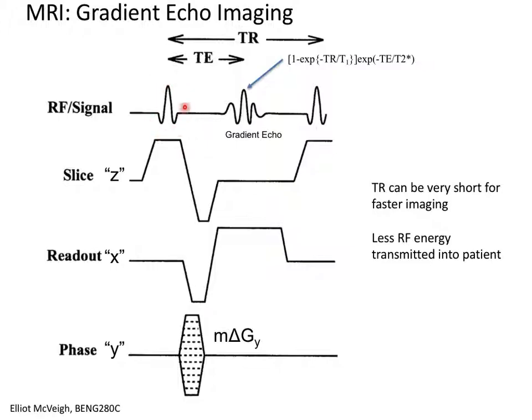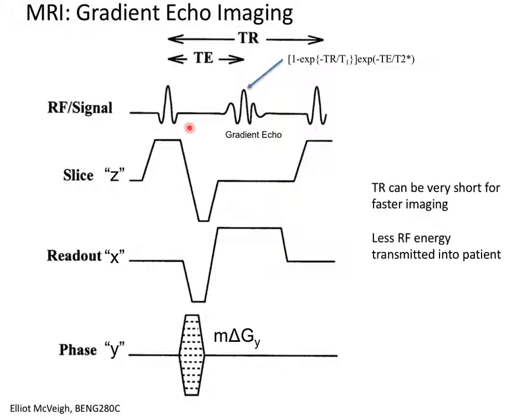In order to do that, these RF pulses are usually not set to 90 degrees, i.e. you don't tip all of the magnetization down into the transverse plane. Most of the time, you tip down about 10 degrees, 15 degrees or something like that. And that gives you a transverse magnetization that you can make an image with, but it doesn't tip out all of the longitudinal magnetization that you have on hand.